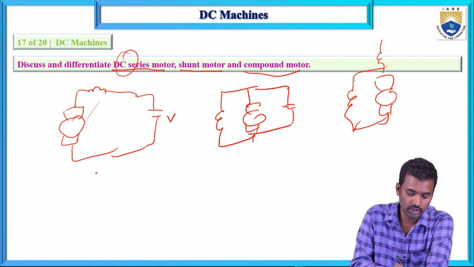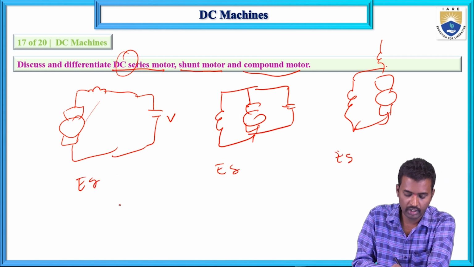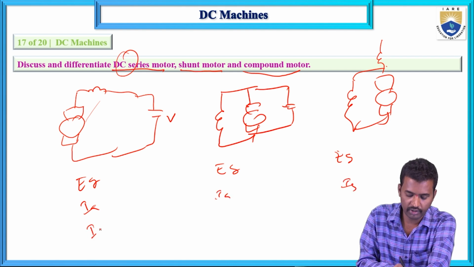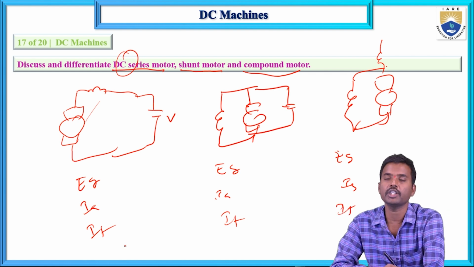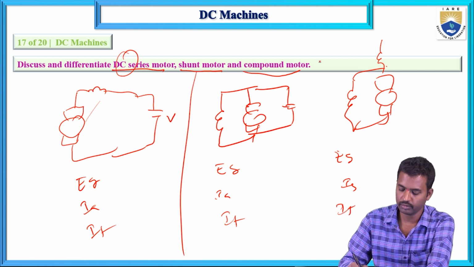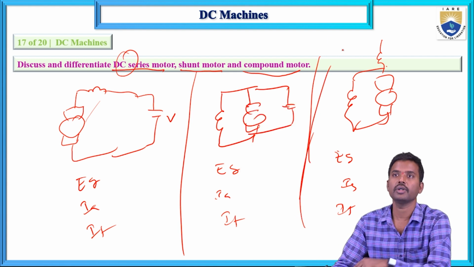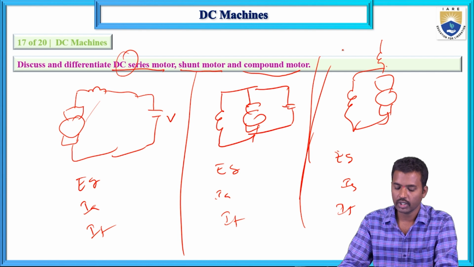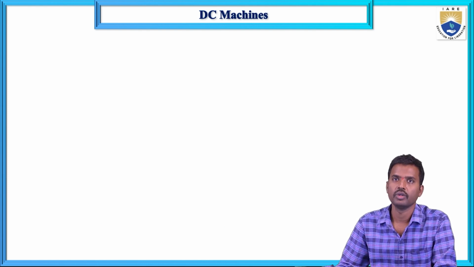So the armature EG equation for each one, IA and field current, and applications for each. These are the main differences for the three motors: series, shunt, and compound motor.